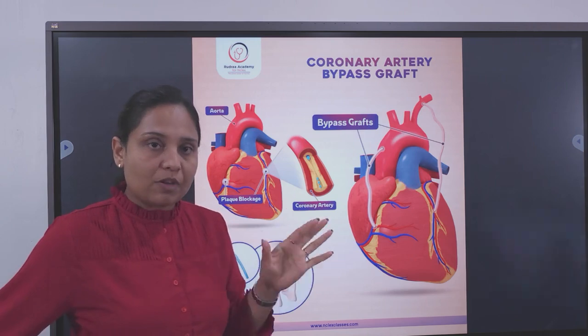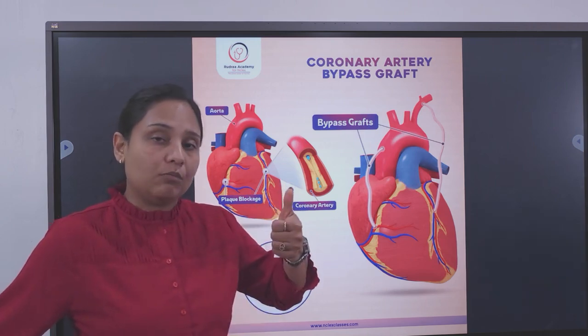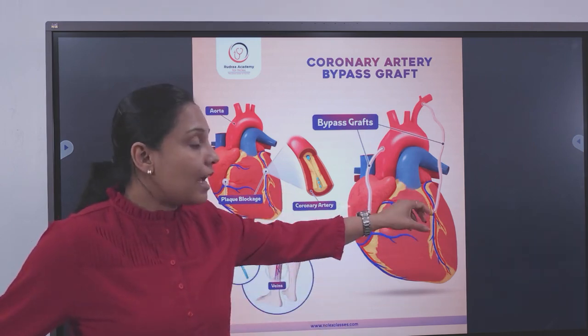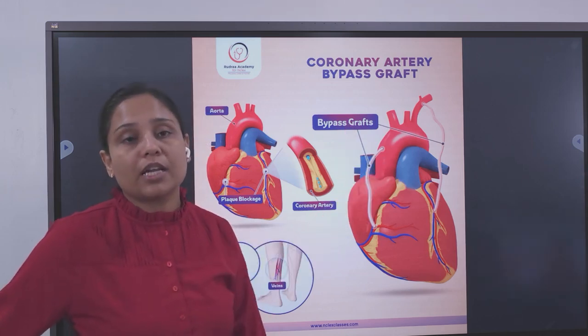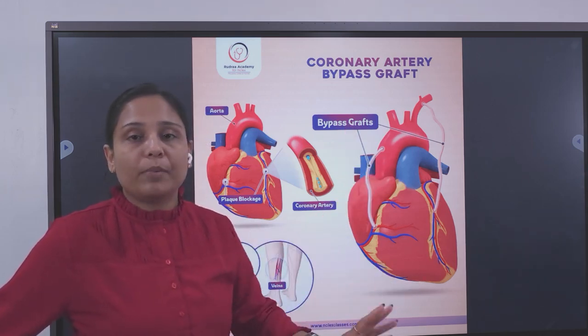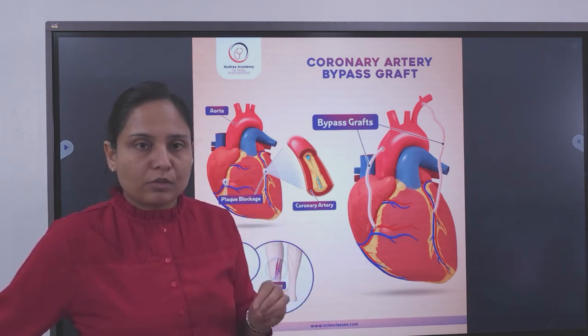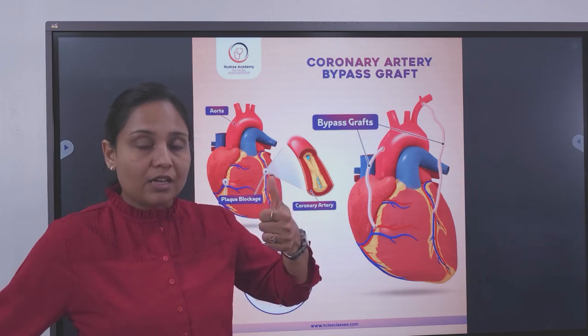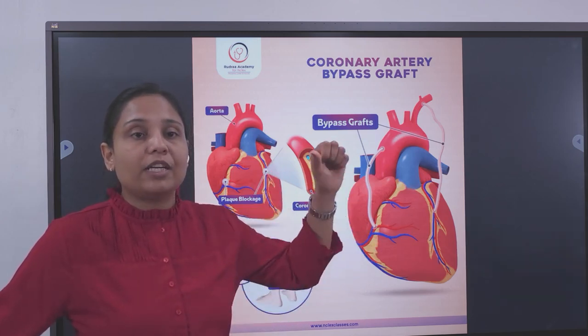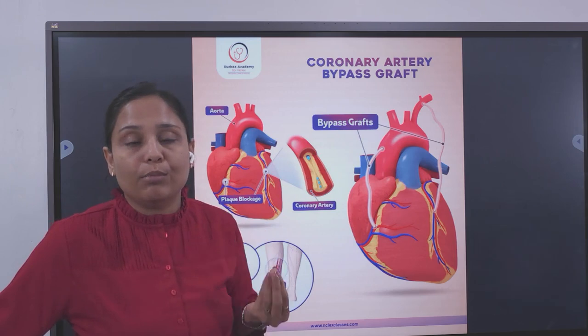Or if the patient's blood pressure is too high, this graft can rupture. So for both complications you have to monitor, and for that blood pressure regulation is very important. If it is elevated, there is a higher chance of rupture. If it is decreased, there is a higher chance of getting blocked.